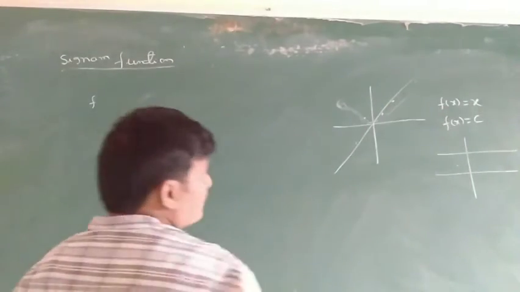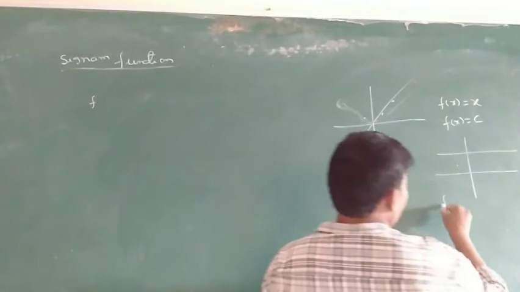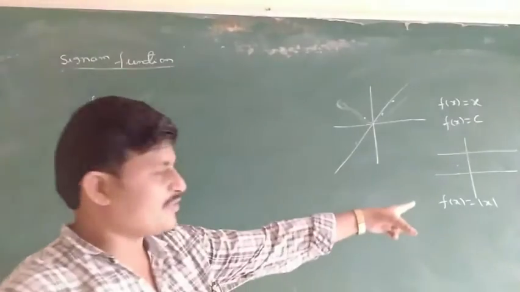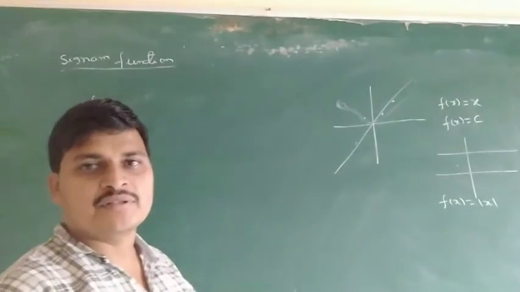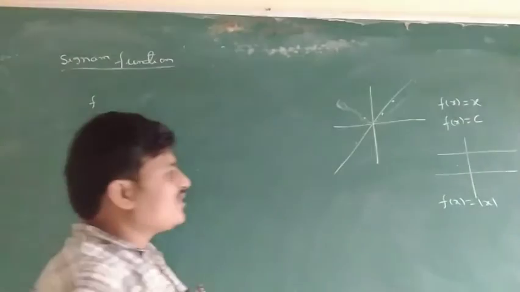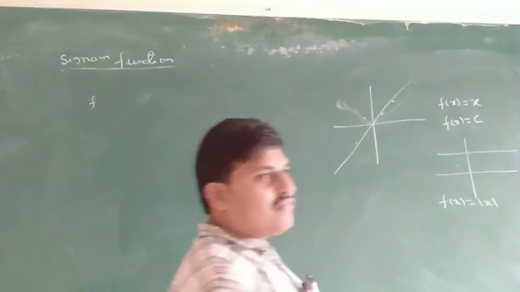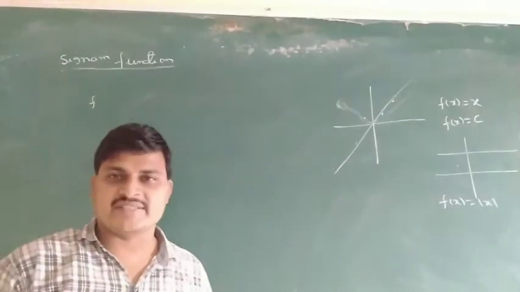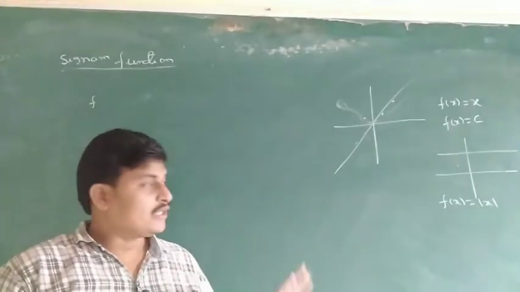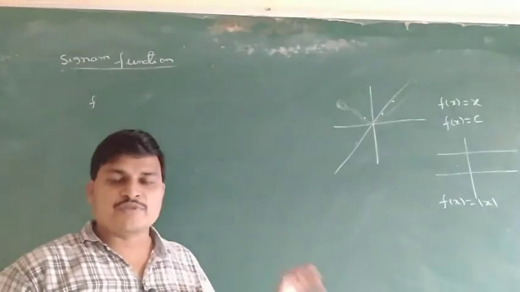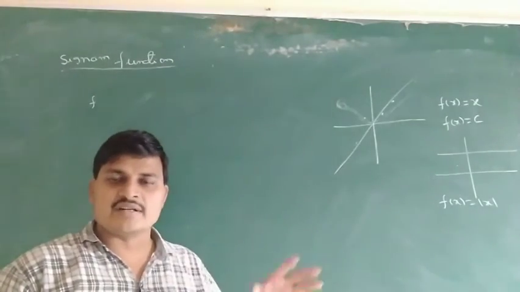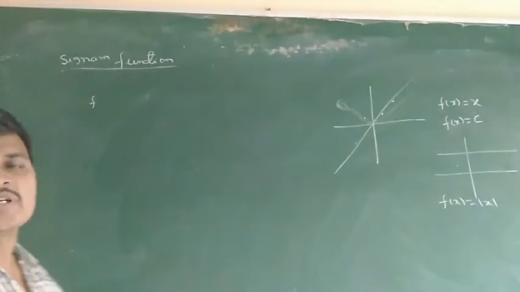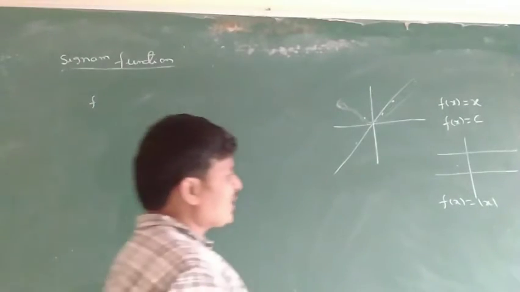Next, third one, modulus function. Modulus function is denoted by the symbol mod x. f of x is equal to mod x. Mod x is always positive, so the range is also positive, denoted by the closed interval 0 to infinity.